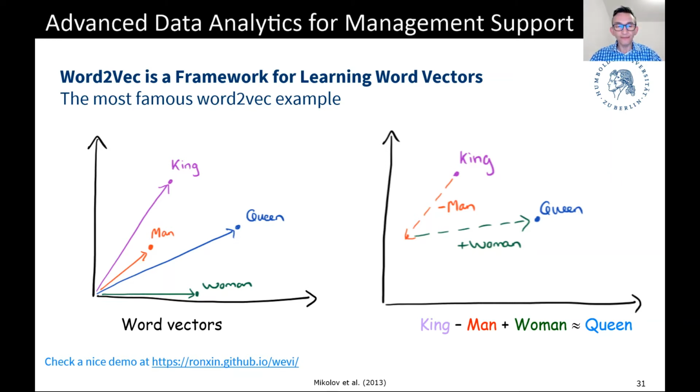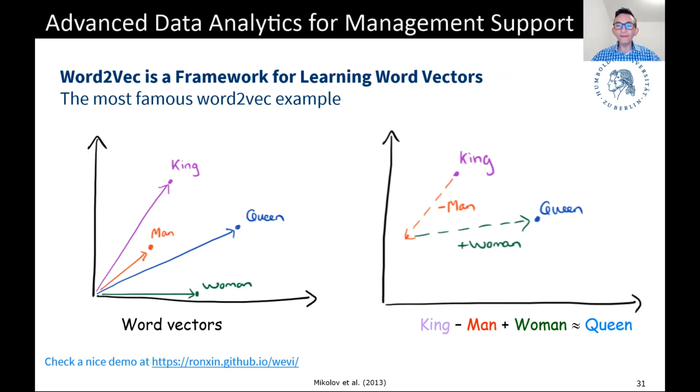And if you then subtract from the word vector of king the word vector of man and add that of woman, the result that you obtain is a vector that looks very much like the word vector of queen. King minus man plus woman equals queen. Word2Vec word vectors exhibit such behavior that numerical calculations resemble semantic relationships.